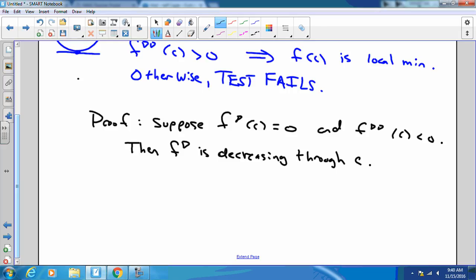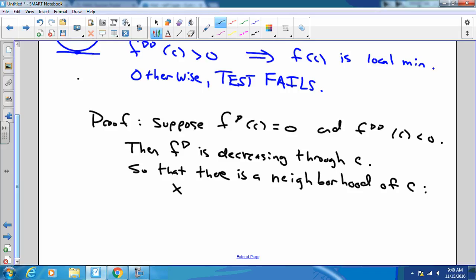What this is saying, because the derivative of f prime is negative at c, therefore f prime is decreasing through c, which means that there is a neighborhood of c such that when x is less than c, then f prime of x is greater than f prime of c. This is what it means to be decreasing through.